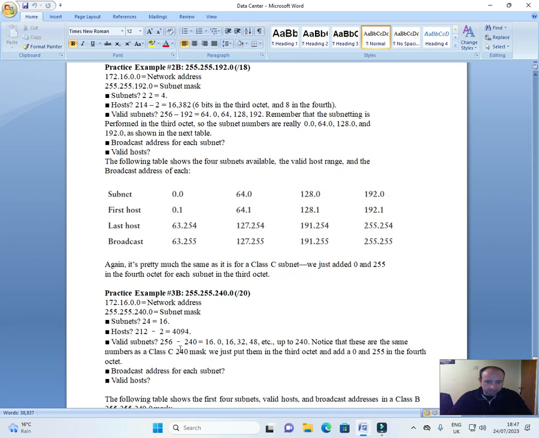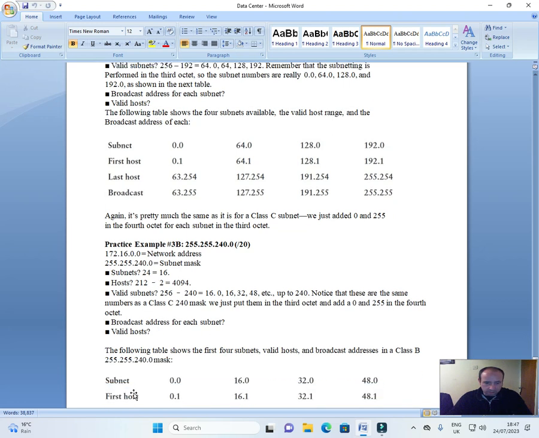Valid subnets: 256 minus 240 equals 16, so 0, 16, 32, 48, etc. up to 240. Notice that these are the same numbers as a Class C 240 mask. We just put them in the third octet and add a 0 and 255 in the fourth octet.